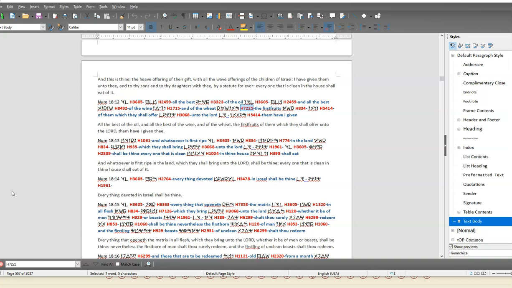And the reason I say that is because it's preceded by kol halab, all of the fat, not first, the fats of. Sometimes halab is translated as fat, sometimes as milk, but we're definitely talking about the richness of a thing.